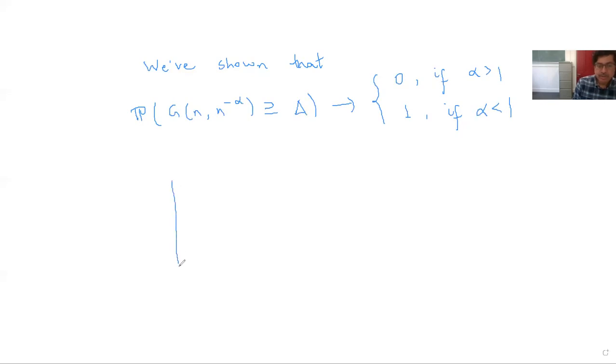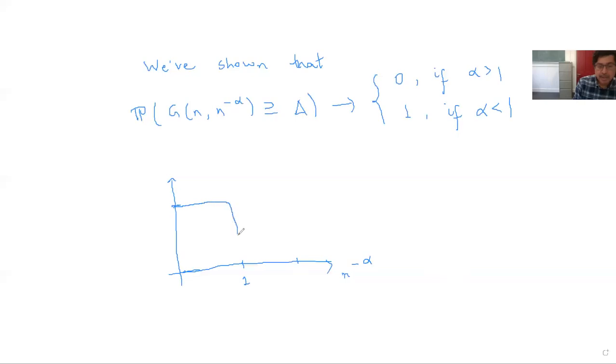Okay, so this says that on some suitable scaling, if we are plotting p as n to the minus alpha, and the probability that there is a triangle on the y-axis, then what we see is that for alpha smaller than 1, this probability is close to 1.